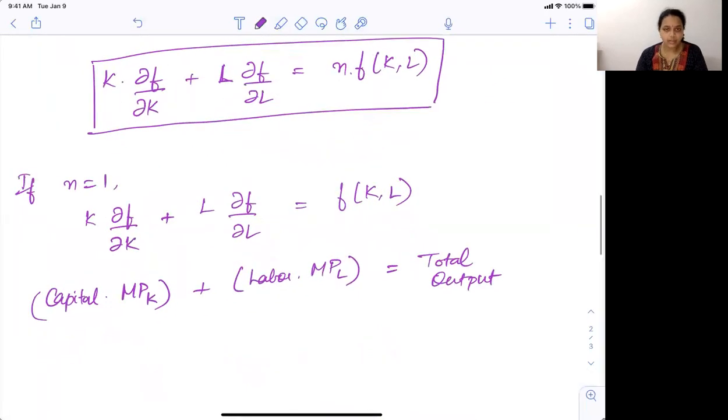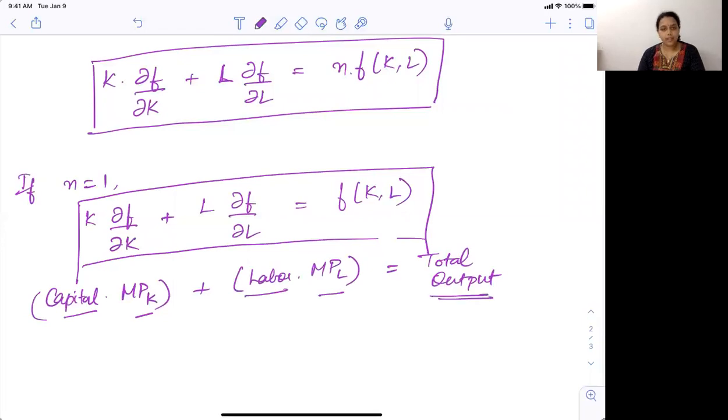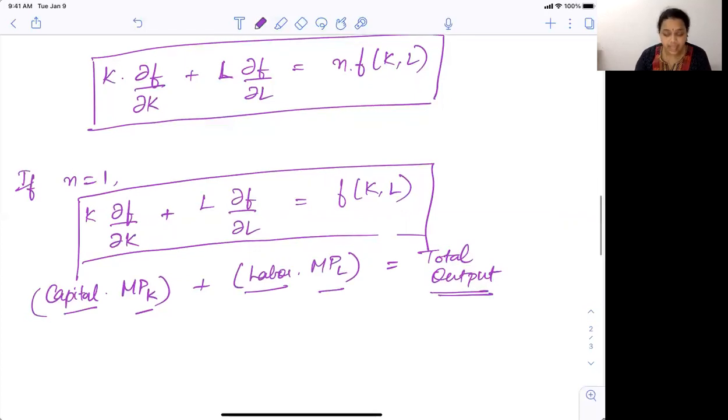Now, when n is equal to 1, this just collapses to an even neater expression where capital times its marginal product plus labor times its marginal product is actually just going to be total output. Now, let's say each input is going to be paid according to its marginal product.